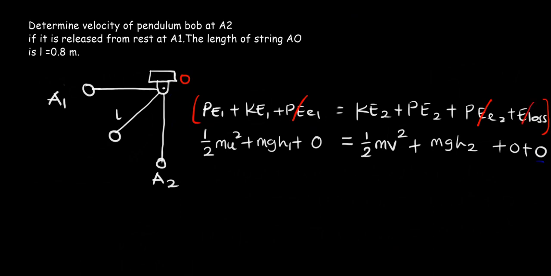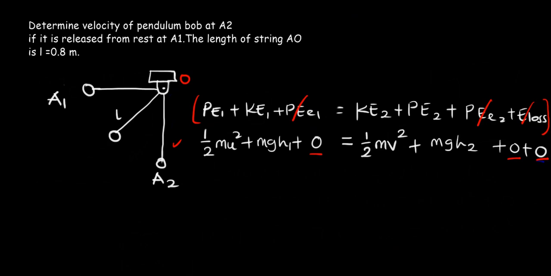When you look at the second line over here, I have 0 here, 0 here, and also 0 here. So that means that at the end, the mechanical energy is conserved. You have the sum of the initial kinetic and potential energy equal to the sum of the final kinetic and potential energy.